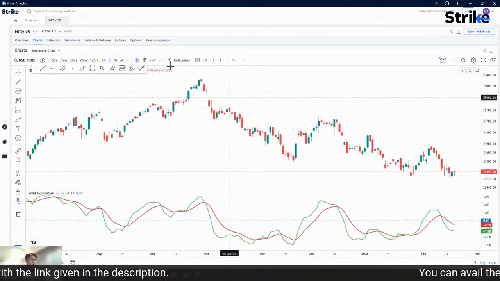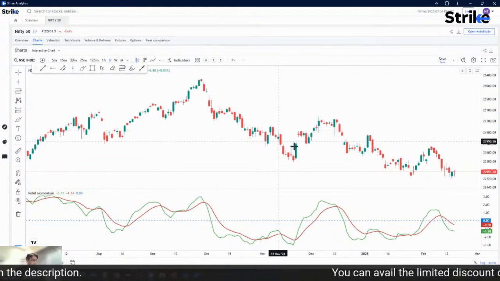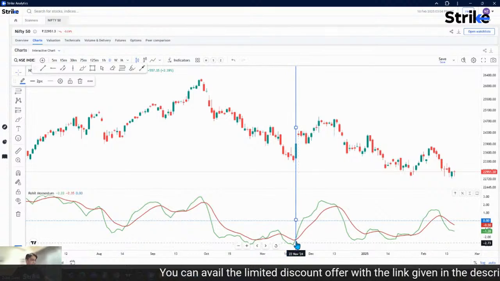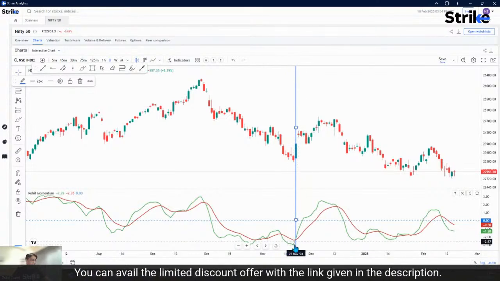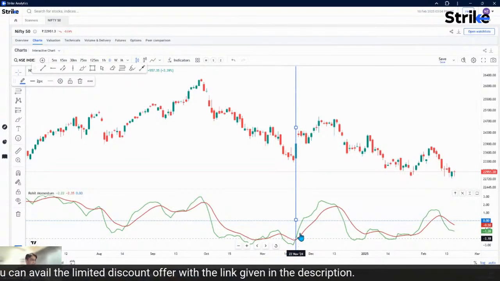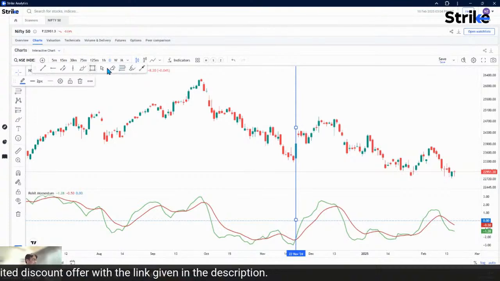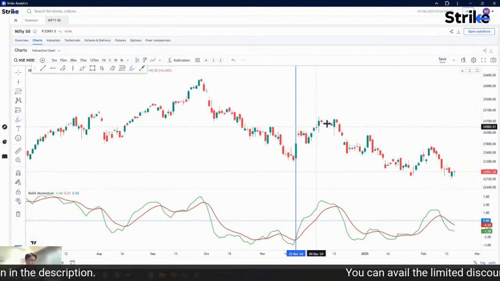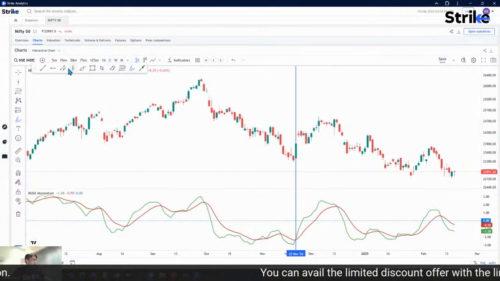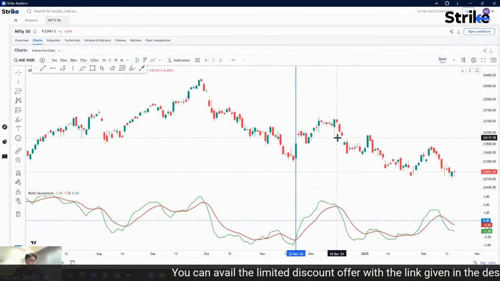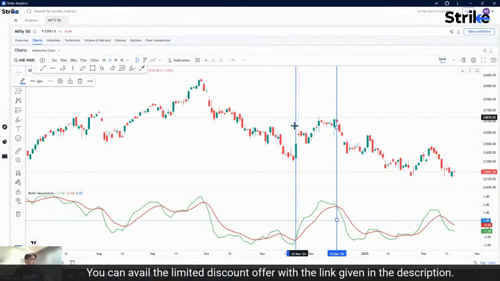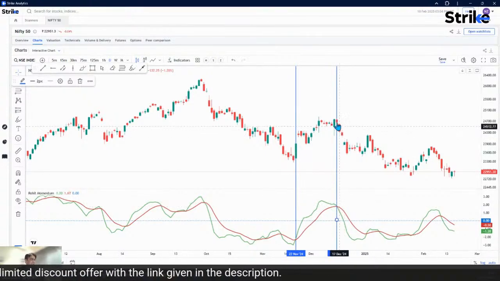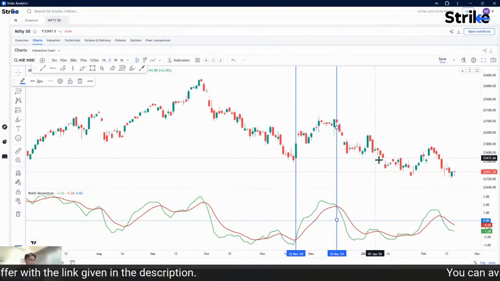Now let's take this particular signal over here, where RMI has given a new buy. From here, you can see that the prices went up a little bit, and somewhere over here, the Nifty gave up the gains and gave a new sell. After that prices kept on going down.